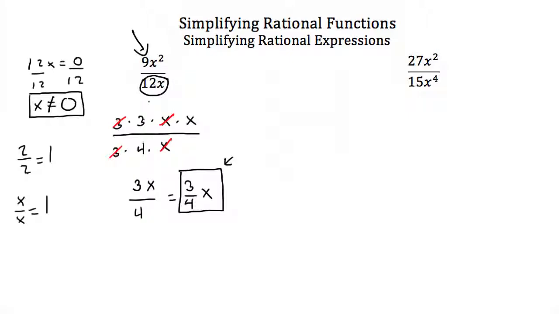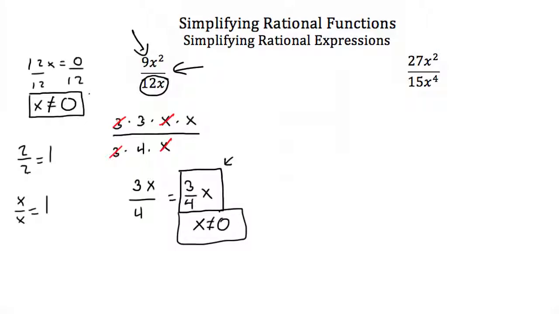And the domain of this one was all real numbers except x could not equal 0. So because our answer came from this rational expression, that means the domain comes along with it. So our simplified rational expression then is 3/4 x, but we also have to note that x cannot equal 0.